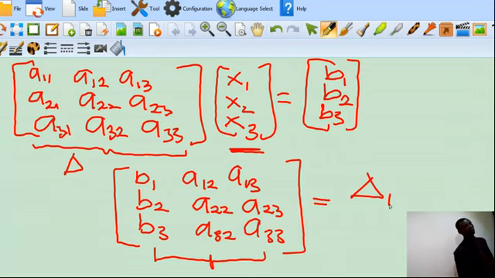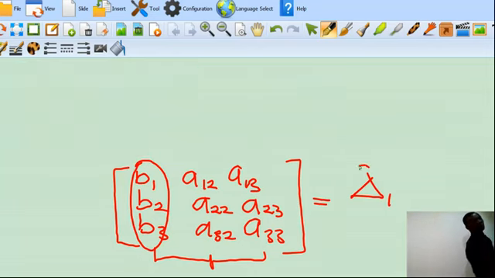And you follow the same procedure again by replacing. What you need to do is to replace this B1, B2, B3, you put it into the second column to give you another determinant.